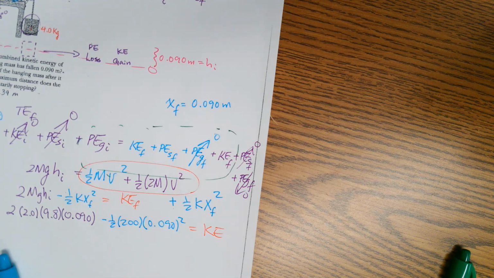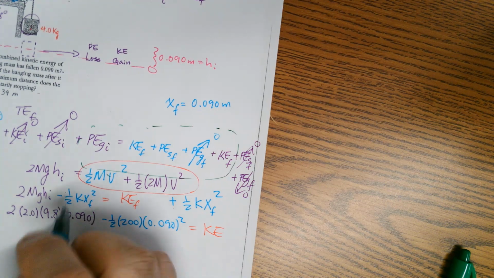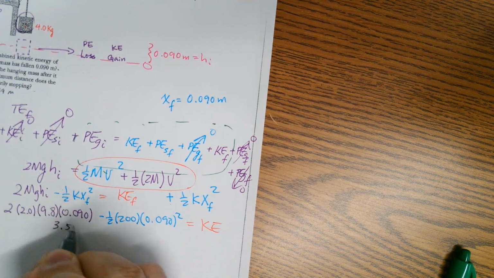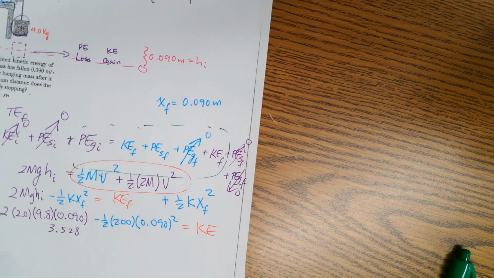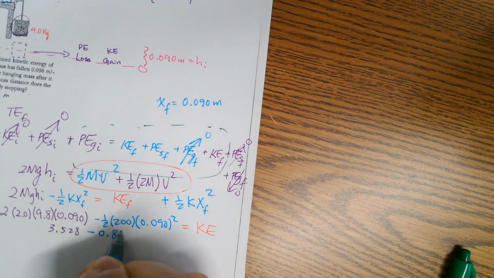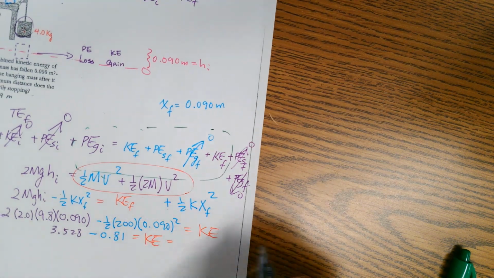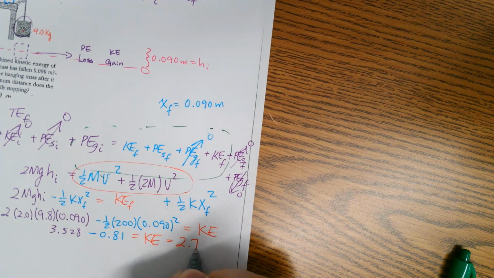All right. So if you do it, what do you get? I guess you get something like 3.528 minus 0.81 is equal to the total combined kinetic energy, and that comes out to 2.72 joules.